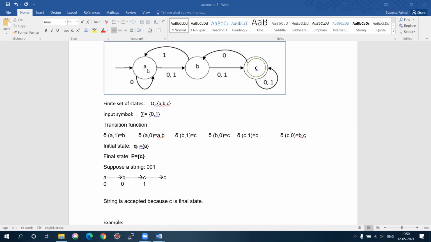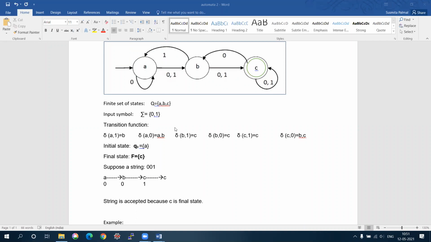Whenever I am in state A and I use input 0, it can go to state A as well as state B. As there is more than one transition for one input, you can choose any one. Theoretically the machine will decide, and there are some rules based on which the machine decides. I will come to that later.